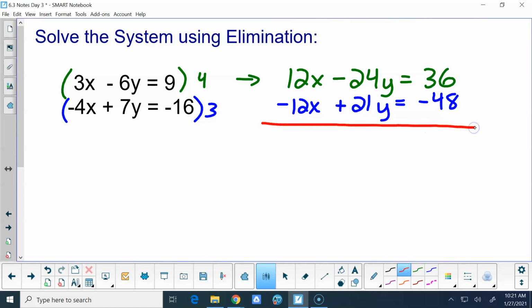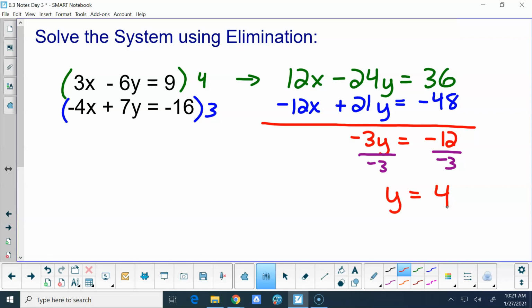Add these two together. X's go away. I get negative 3y there, and I get negative 12 there. Dividing both sides by negative 3 gives me y equaling 4 again. Okay.